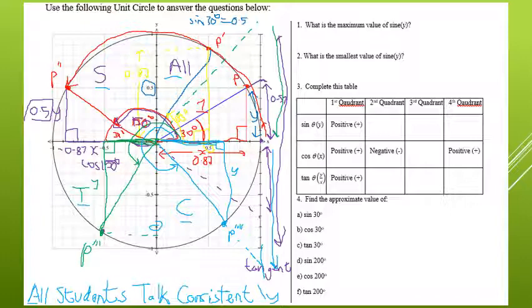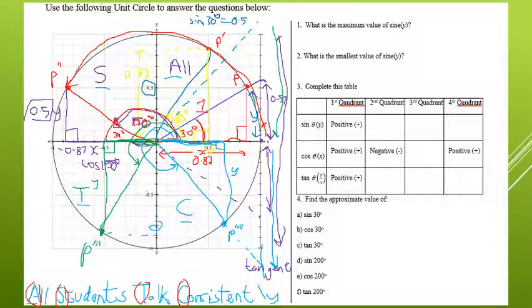That helps us remember what functions are positive in which quadrant. All positive in the first quadrant, sine in the second quadrant, tan in the third quadrant, and only cos in the fourth quadrant. Okay, let's try and answer the questions here that match up with this diagram.